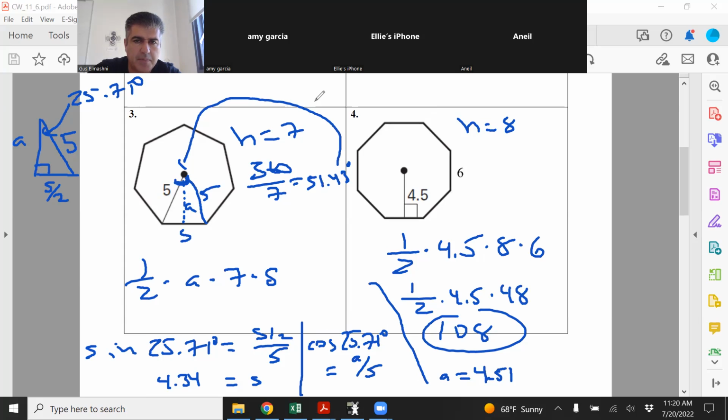Now we can actually work this out. $68.43.